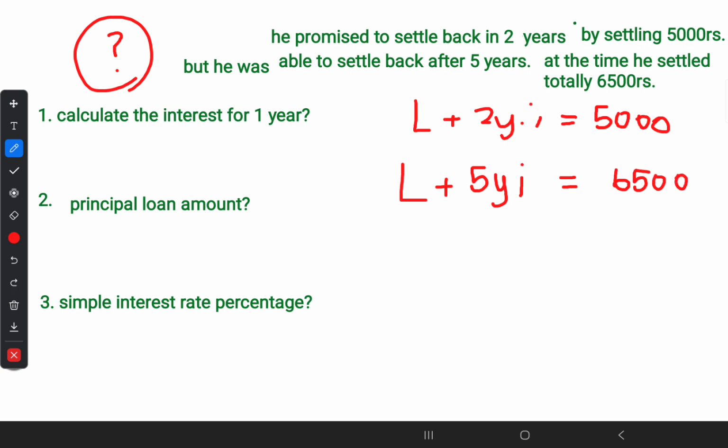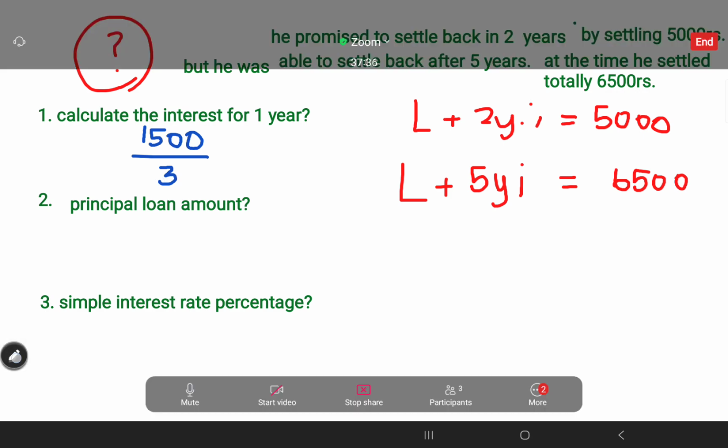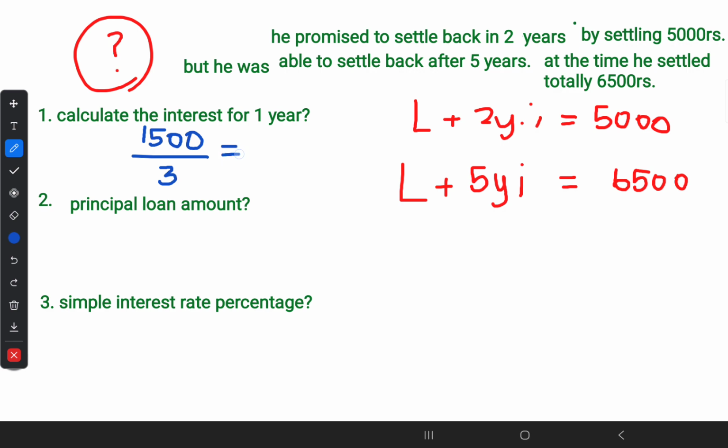But we can also solve without an equation. Think logically. The additional 1,500 rupees is the interest for the remaining extra 3 years. So when you divide 1,500 by 3, you can get the interest for 1 year as 500 rupees.